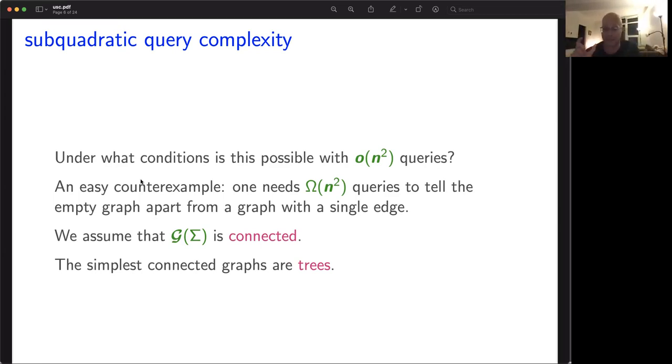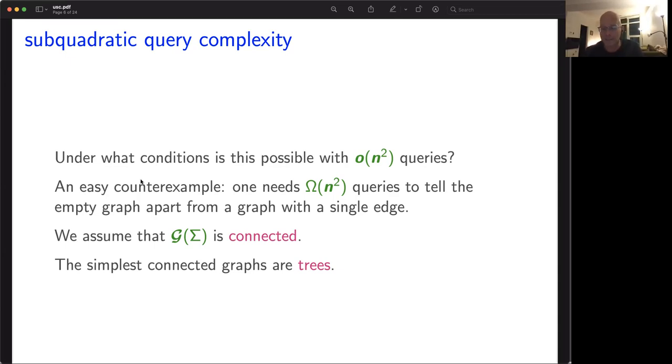Everything is independent. So in order to recover that graph that only has one edge, we actually have to hit that edge. So there's no hope to do anything. In particular, if the graph is not connected, then we have a problem.